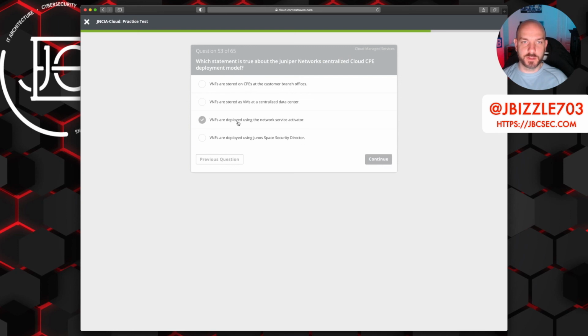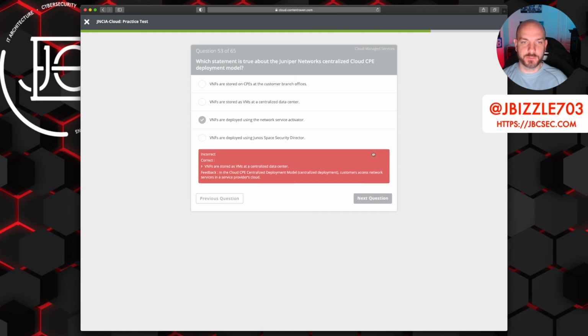VNFs are deployed using the network service activator. VNFs are deployed using the secure. Let's go that. No. Stored as central data. Okay. Okay. Got confused on those.